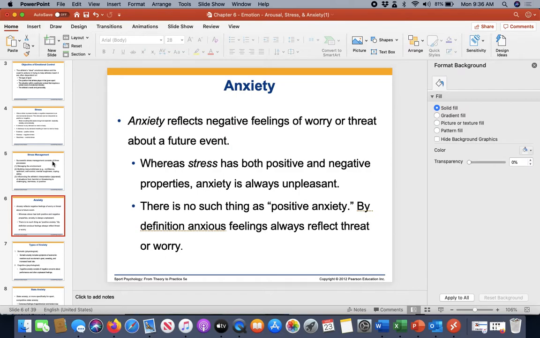Okay. The problem is that unlike stress, anxiety is negative. Okay, anxiety is, as they say, unpleasant, because there is a worry or a threat that really shows you that it's not going to be positive. So there's not going to be a positive manner to anxiety.